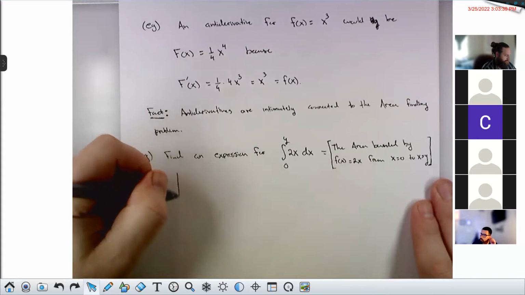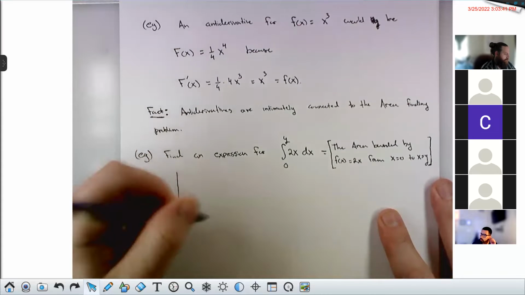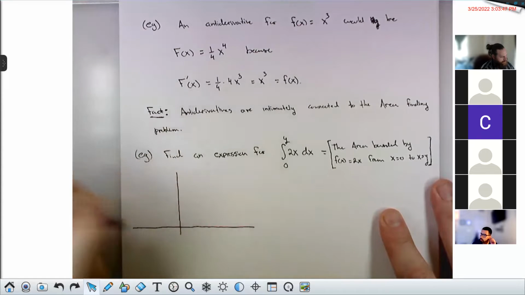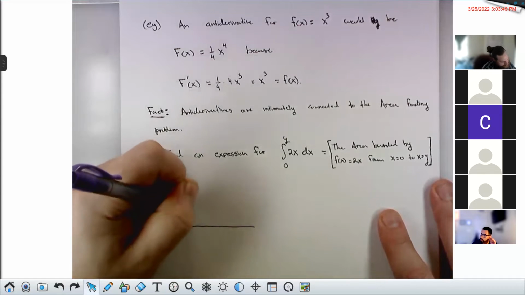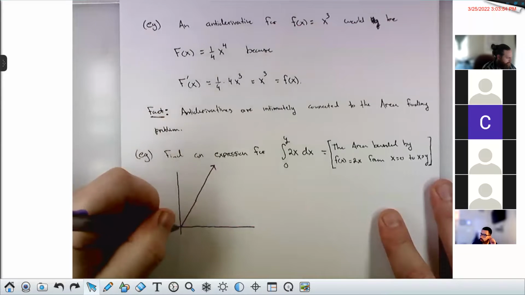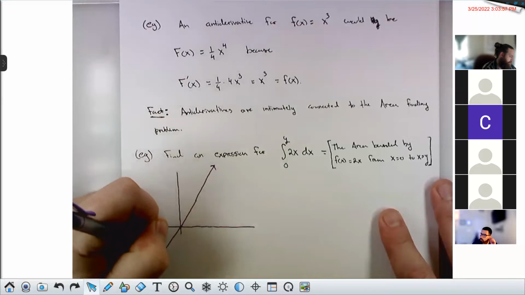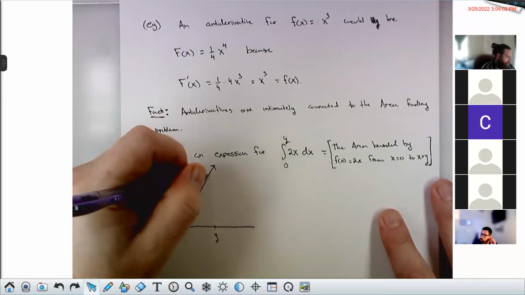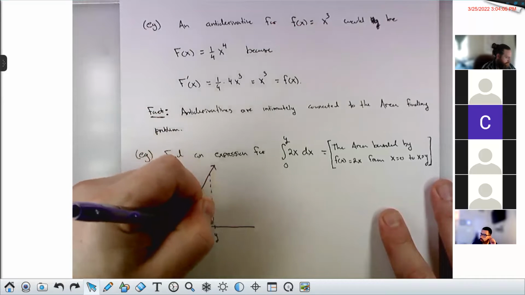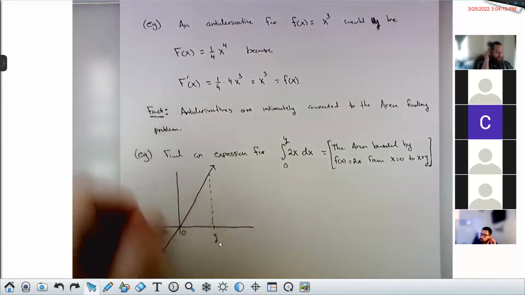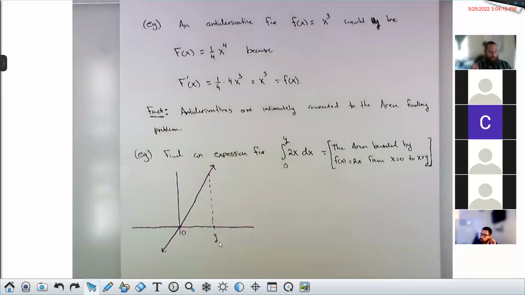Let's see it. I'm just going to label this value here as y. Of course, 0 is over here.